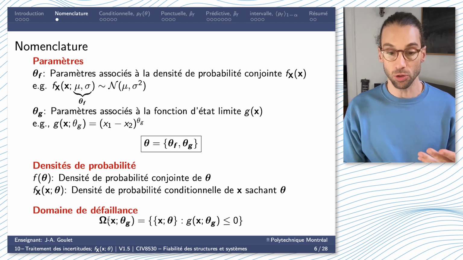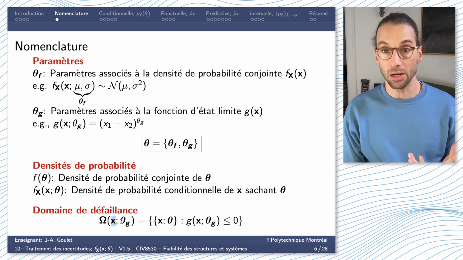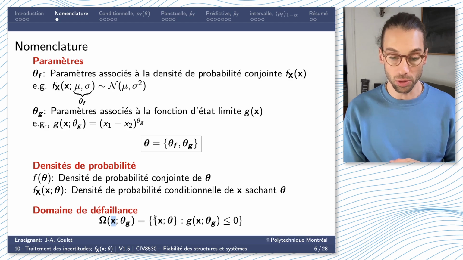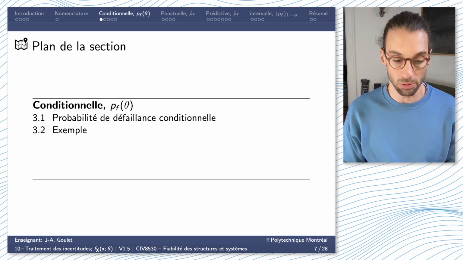So omega theta is my failure or survival domain, and that can depend on theta g. This is going to be my failure domain as the values of x given theta, such that g of x is less than or equal to 0.